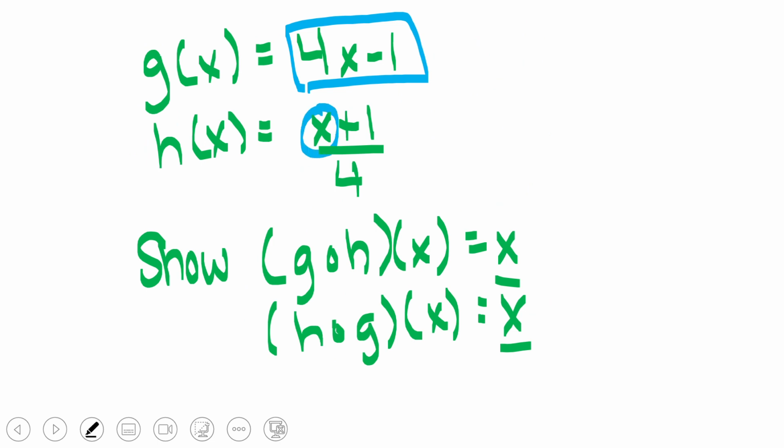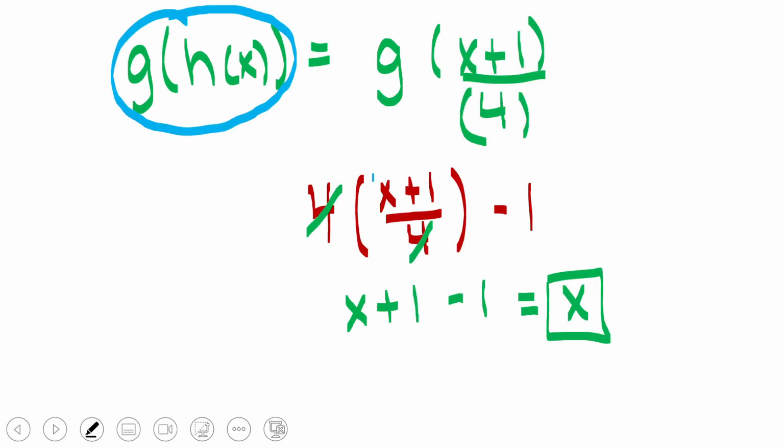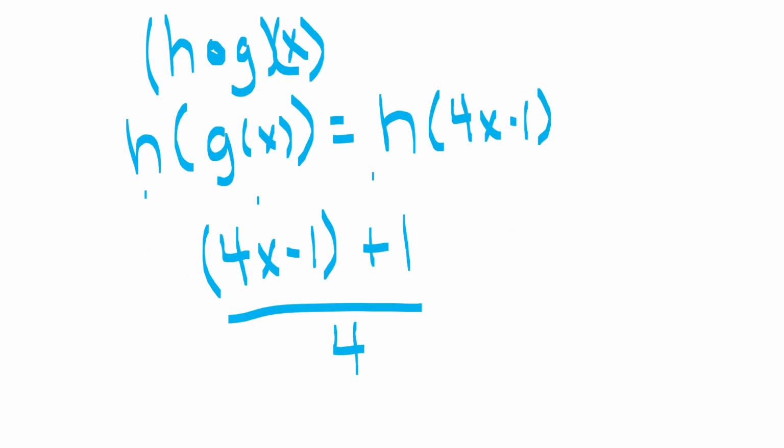See this right here? This whole 4x minus 1 went in for x in this example. Then we still have plus 1 all over 4. That's where that came from. Now we solve. On top we have 4x minus 1 plus 1, that goes away.